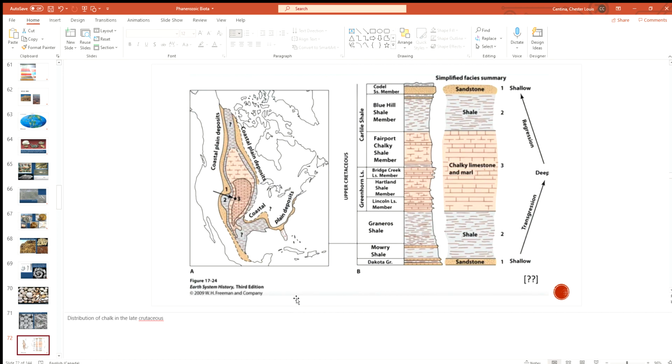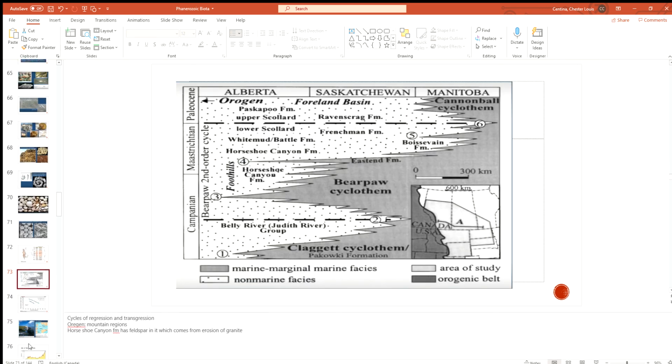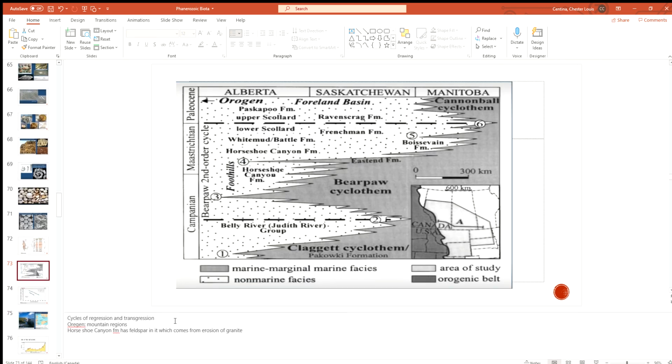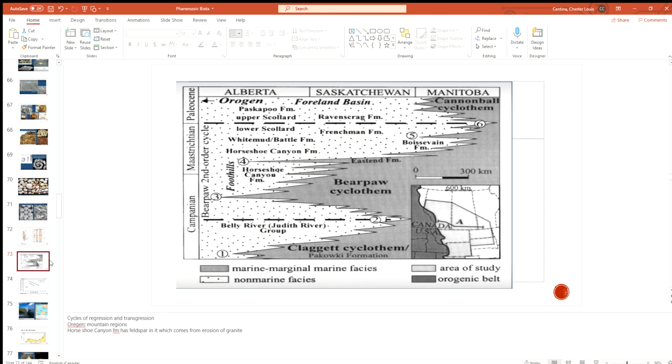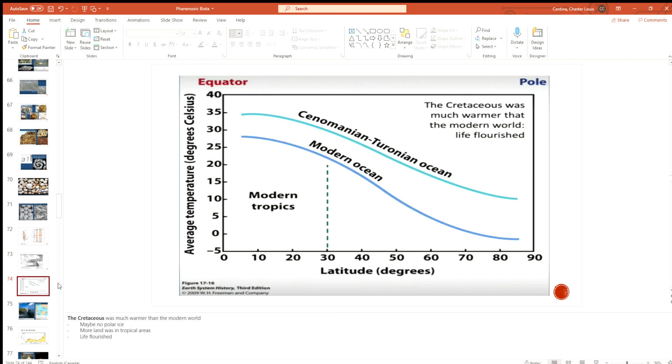It shows here. Okay, next image. Same thing. Cycles of regression and transgression. This is the sand. That's the shale right here. Yeah. Okay. So the Cretaceous was much warmer than the modern world.